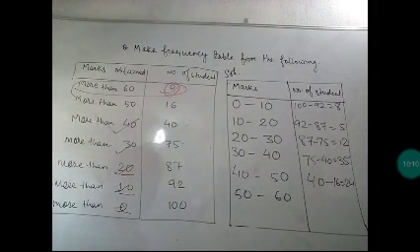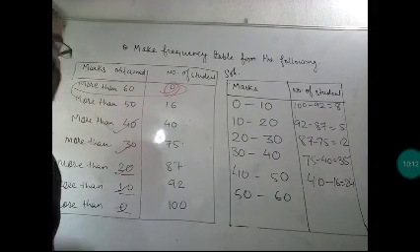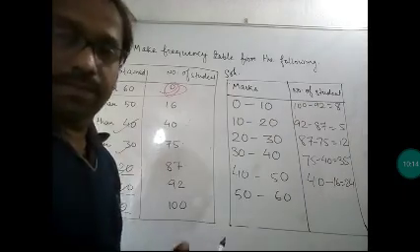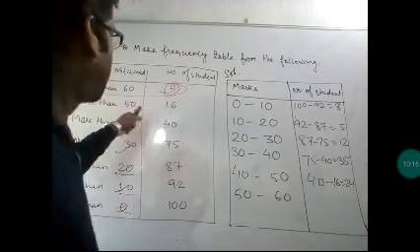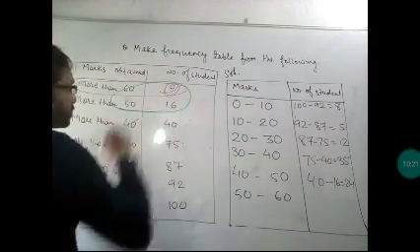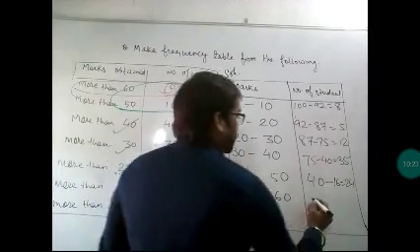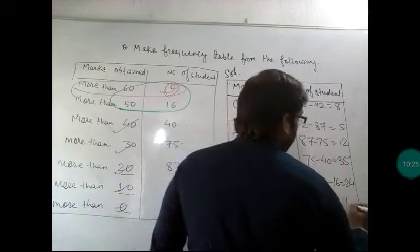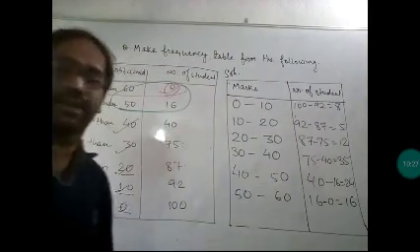And finally we have 50 to 60, meaning more than 50 but less than 60. So that is equal to 16 minus 0, so it is 16 only.